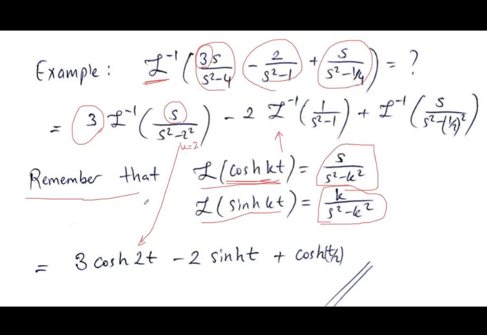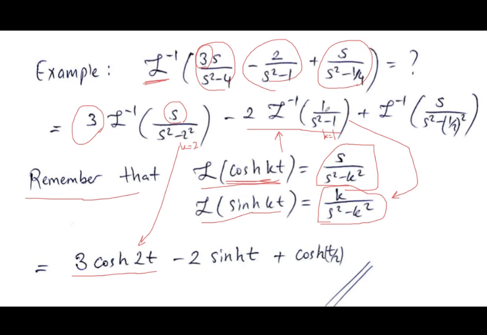So basically we are able to handle the first one. For the second expression, look at this. We have s squared minus 1, where 1 you can consider as 1 squared, which is also 1. So basically it reminds us of this guy, where we have k equals 1, right?